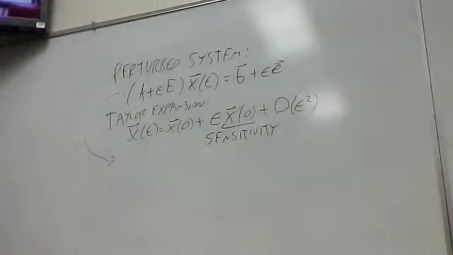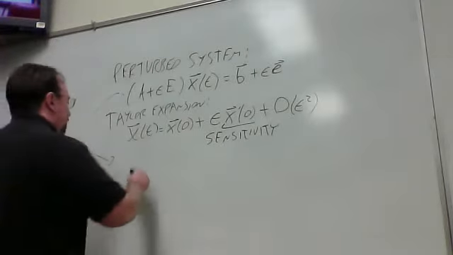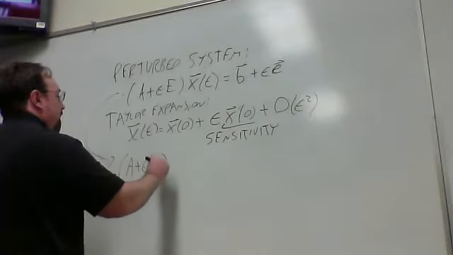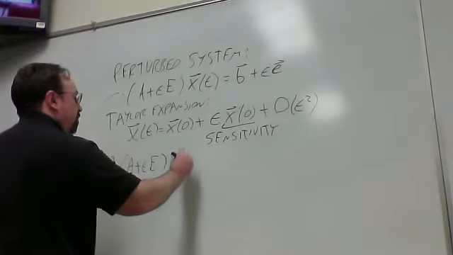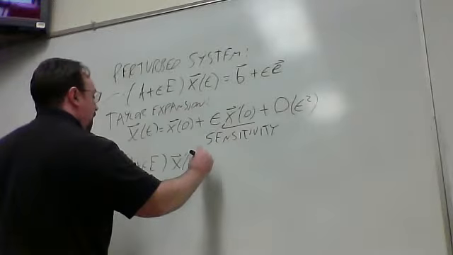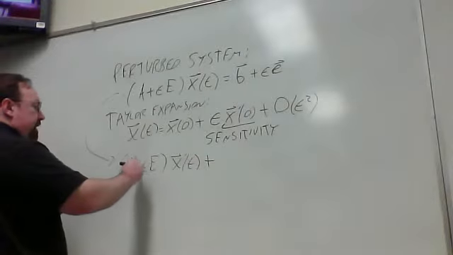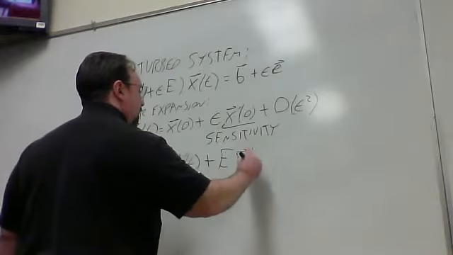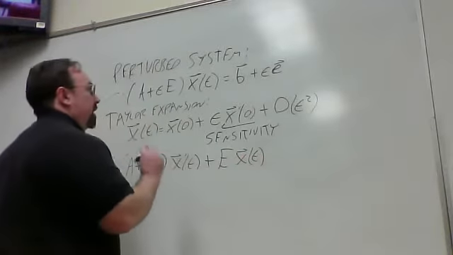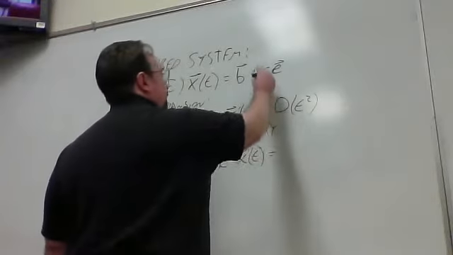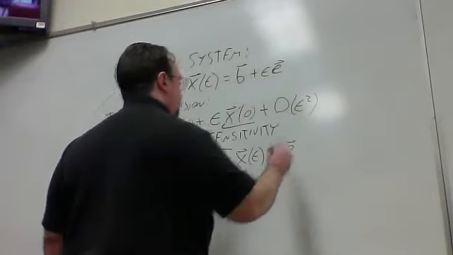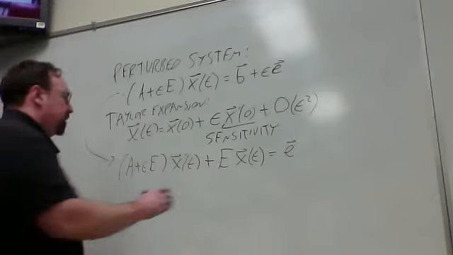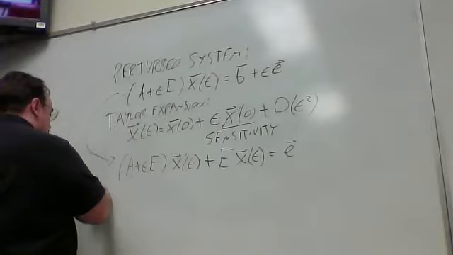For that, I need to use the product rule. So I'm going to have A plus epsilon E times the derivative of this, x prime of epsilon, and then the other half of the product rule will be E, since I'm differentiating with respect to epsilon. And on the right side, I'm just going to have E. Now, I'll plug in epsilon equals 0.